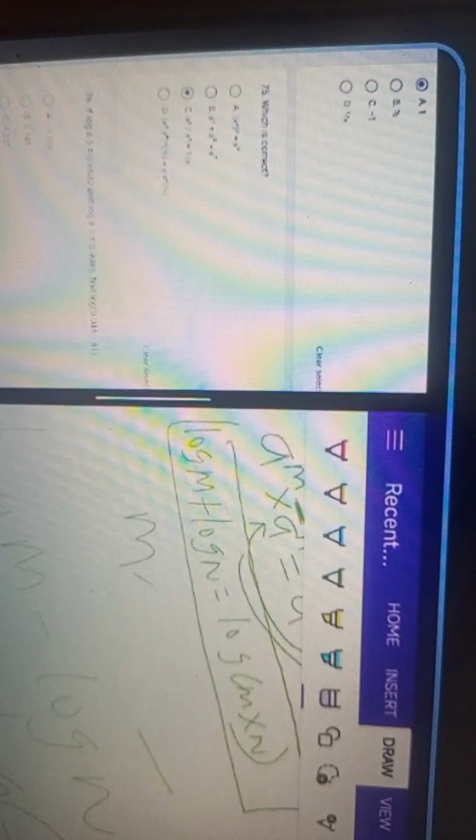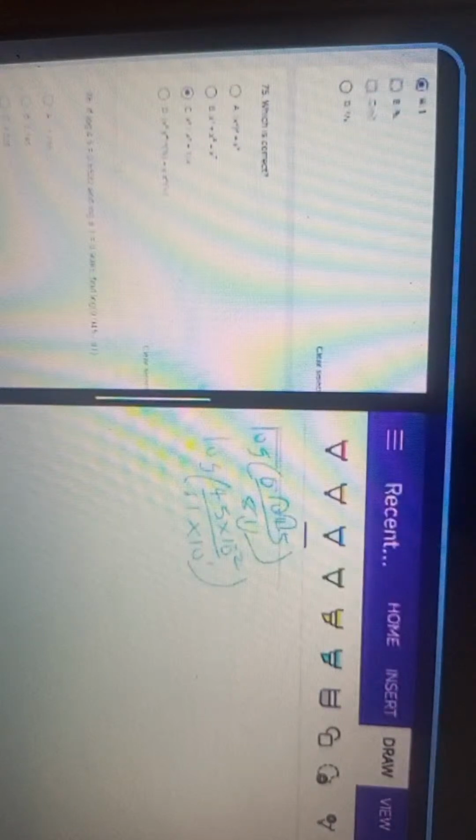Right. Yes. So now let me apply those laws. Very good. So let's now apply it here. From the laws of logarithm, what is this going to give me? Let's solve the numerator first. Multiplication will change to plus, right?